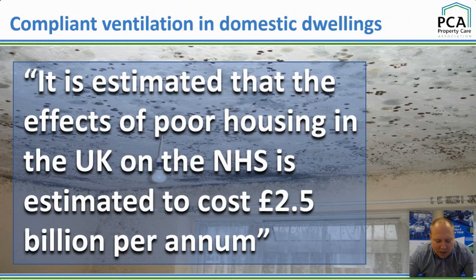But the paper also goes on to say that the actual total social and economic cost is closer to 19 billion per year. So huge volumes of money due to unhealthy homes. And you consider it's not like we're now living in Victorian times, the Dark Ages. This is 2020.